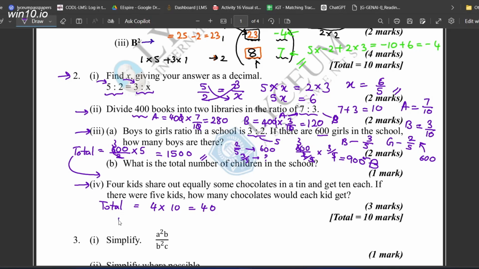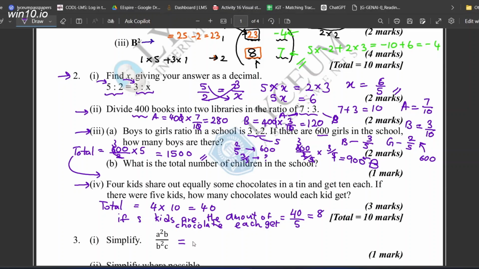Then if five kids are there, the amount of chocolate each gets is equal to 40 divided by 5. Then 40 divided by 5 equals 8. So each kid gets 8 chocolates.